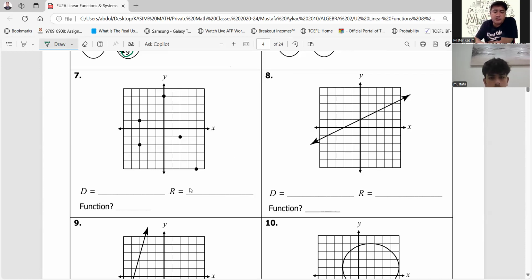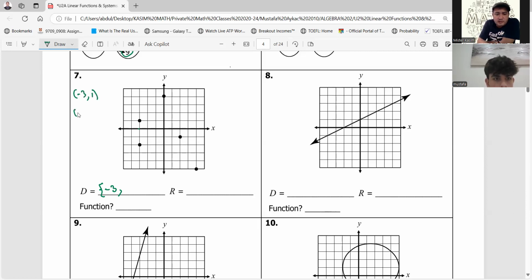Look at this first. Let's write the domain. What is the domain of this relation? The first point from the left is -3 and 1, right?